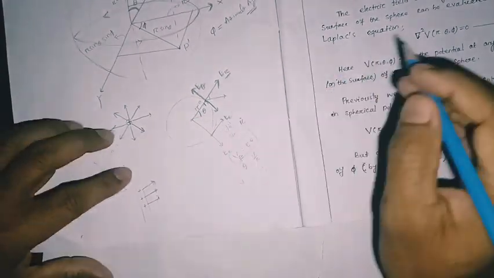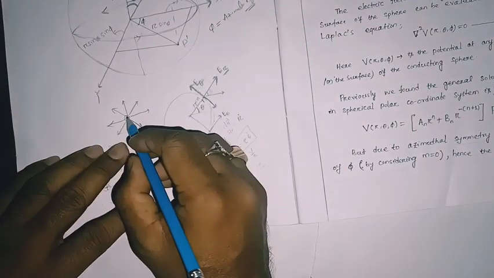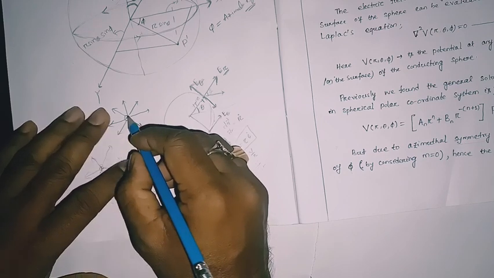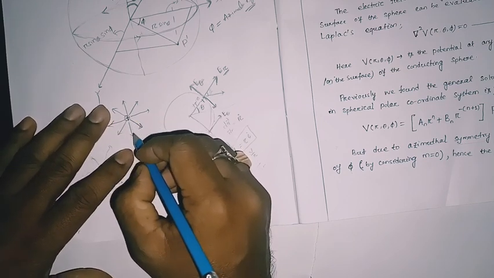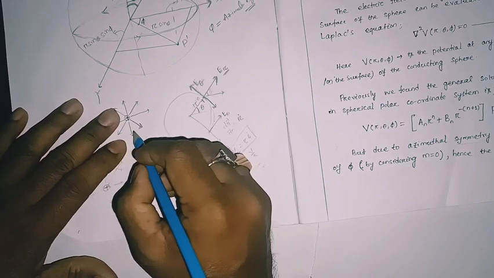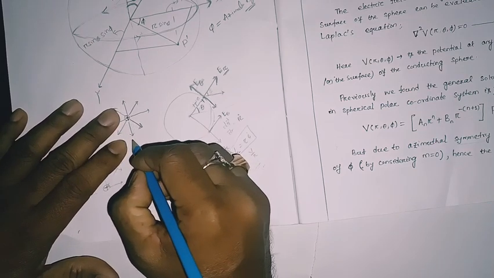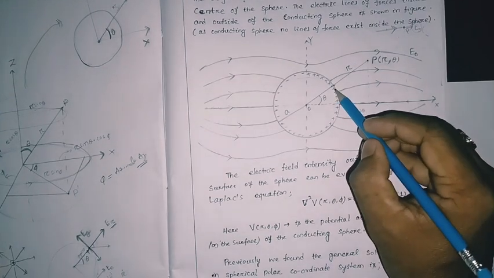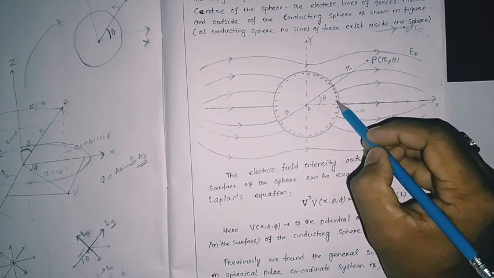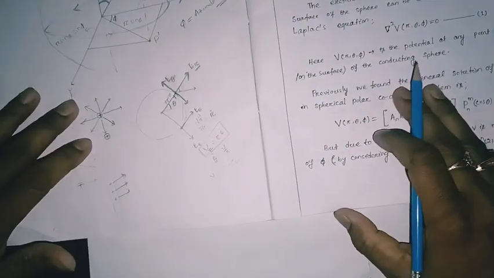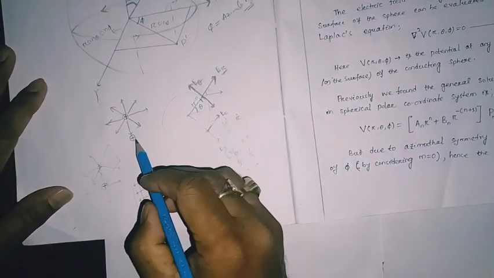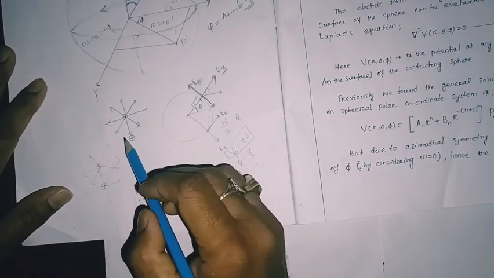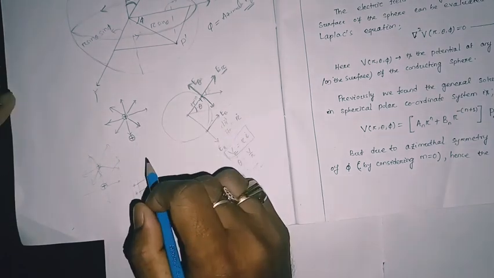But here in this case, the positive charges are arranged near one another. This is one positive charge. Here nearby another positive charge is there. This is one positive charge, this is another positive charge, and so on, like this. So how will the transverse component be cancelled with each other?